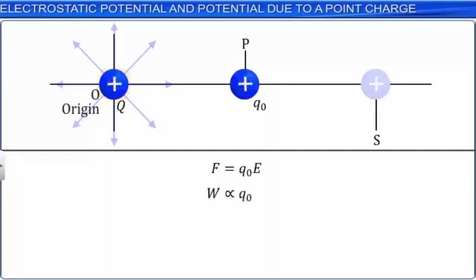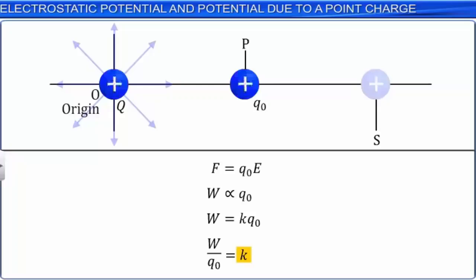We can say that W is equal to a constant K into Q0, or the quantity W by Q0 is equal to K. Therefore, the resultant quantity obtained is independent of Q0.